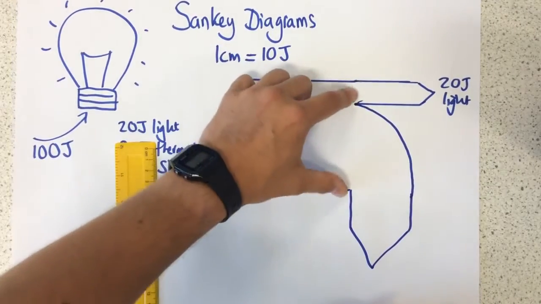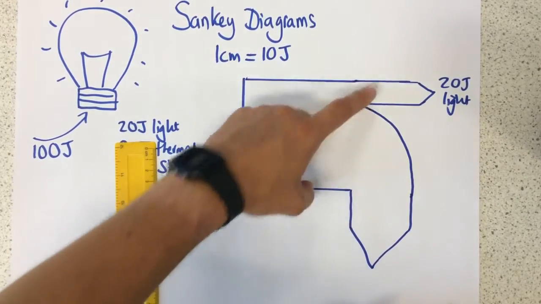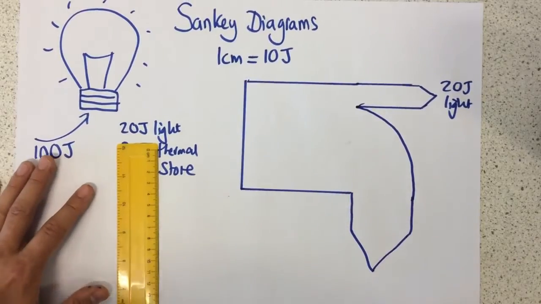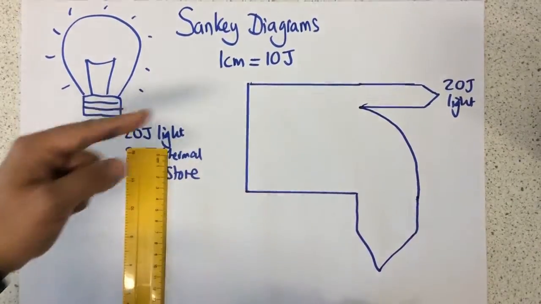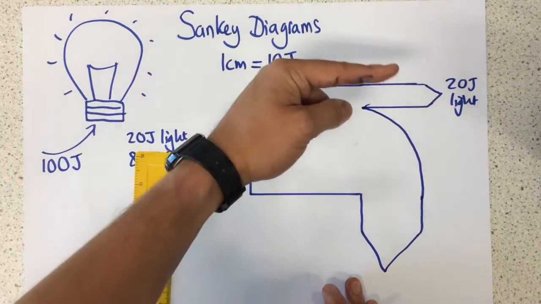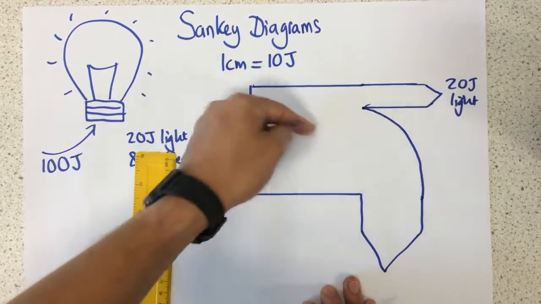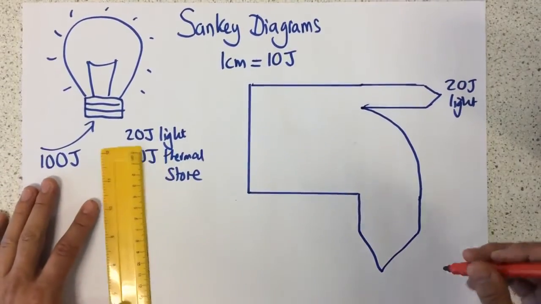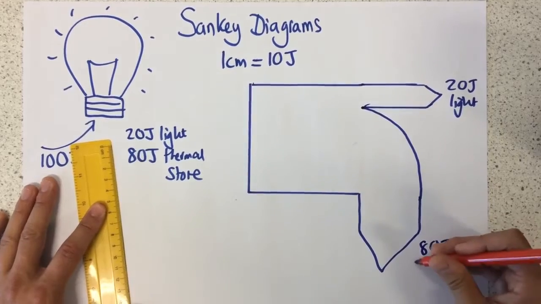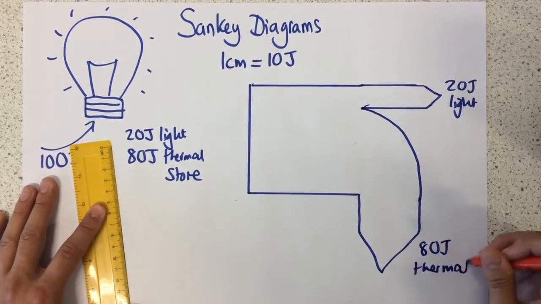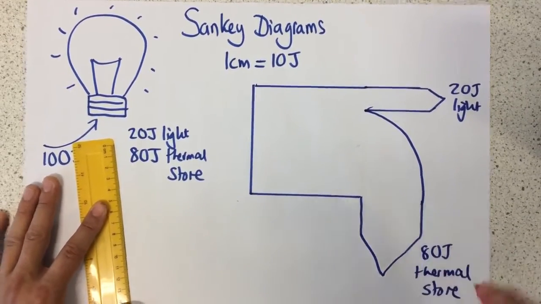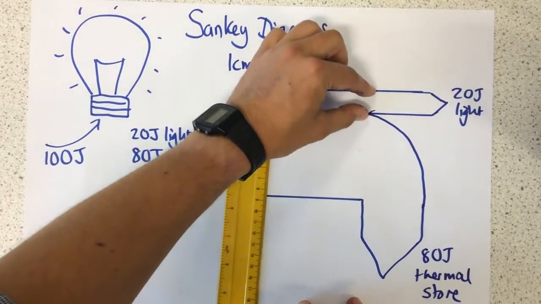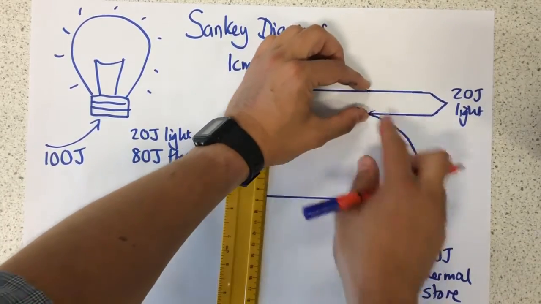So can we see they've branched off at the same point, but apart from that, it doesn't really matter. The useful one usually or nearly always goes that way, and the wasted one droops down like this. So the wasted one is 80 joules thermal store.